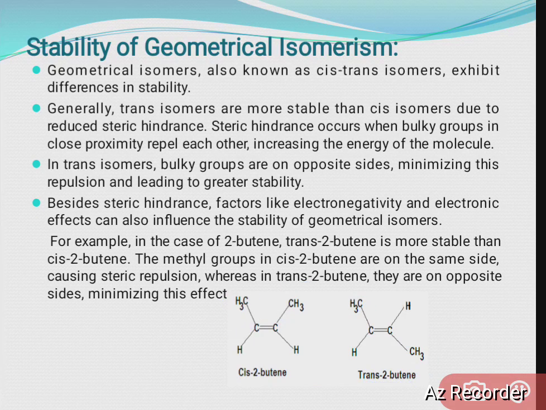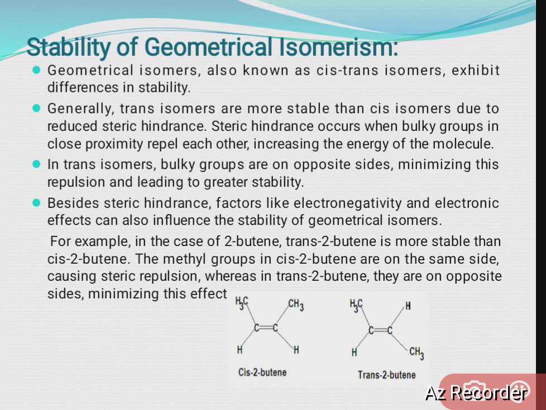And also, besides steric hindrance, factors like electronegativity and electronic effects can also influence the stability of geometrical isomers.